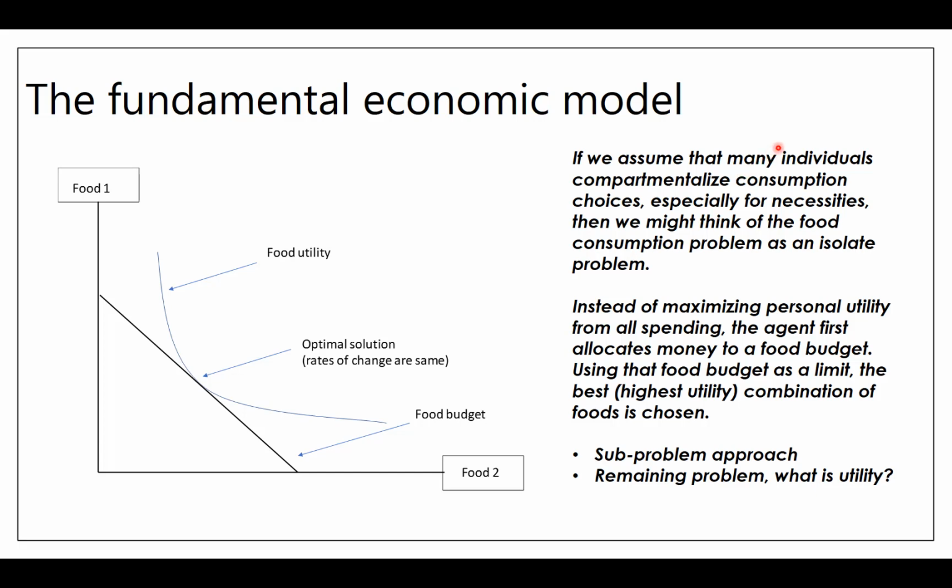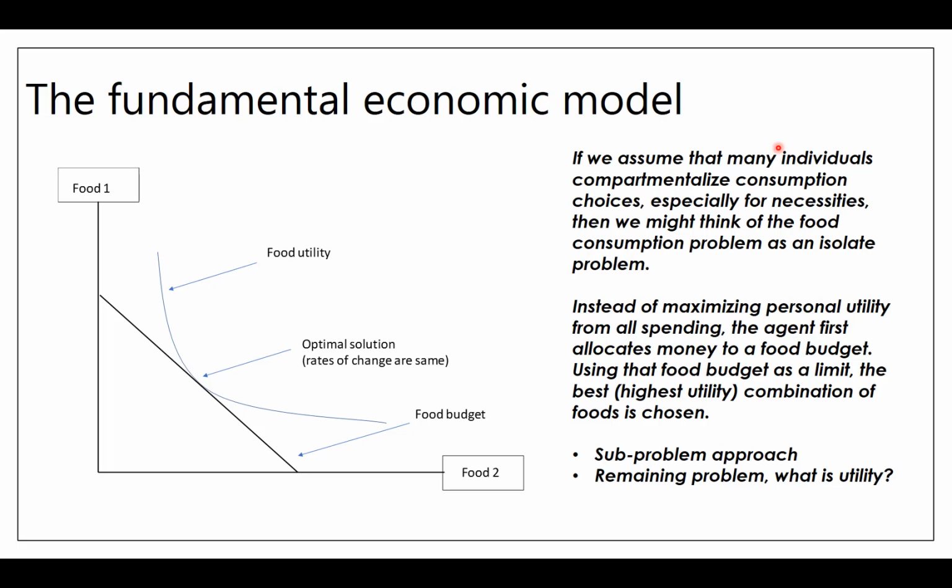So if you survey people and try to get them to respond to how they actually break things down and make choices, it turns out that while the theory may say that we consume everything so that the marginal utility per dollar balances out, and we may actually approximate that quite well in our choices over time, when you ask people to describe how they make choices on purchases, they do tend to break it down into what we might call a sub-problem approach.